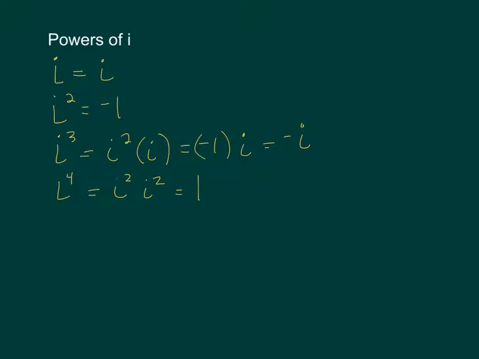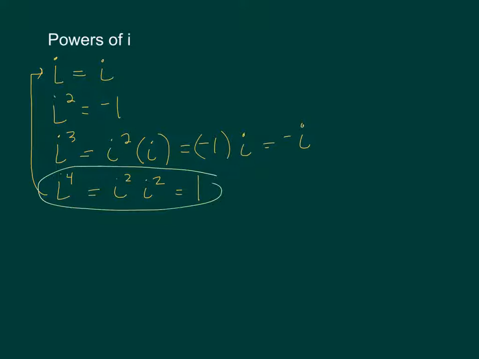After i to the fourth, if I go i to the fifth, I'll be back up here at i. So what we want to be able to do is use this fact when we have an i, and any power of i.